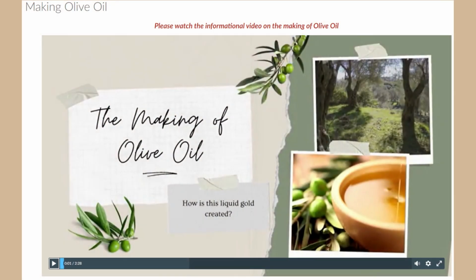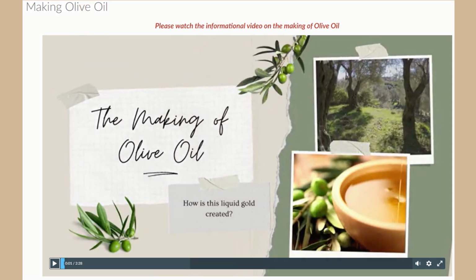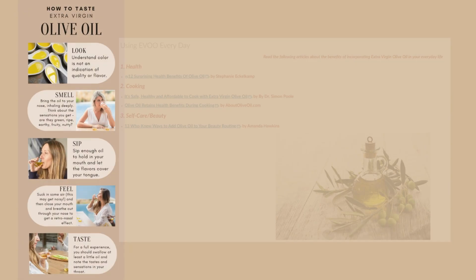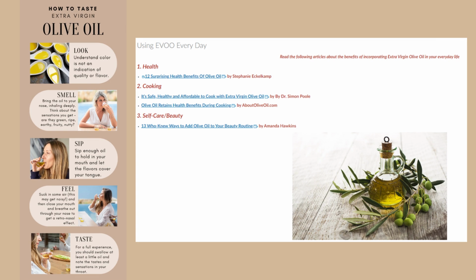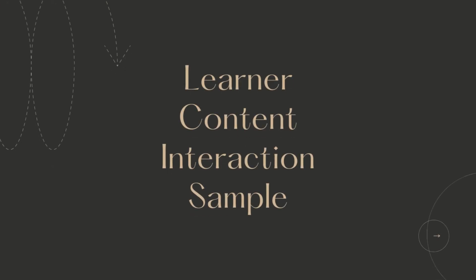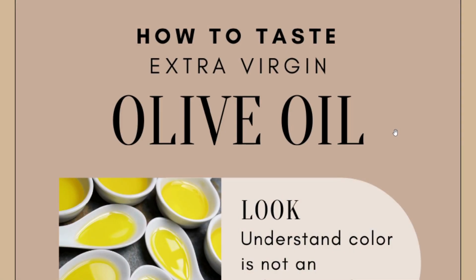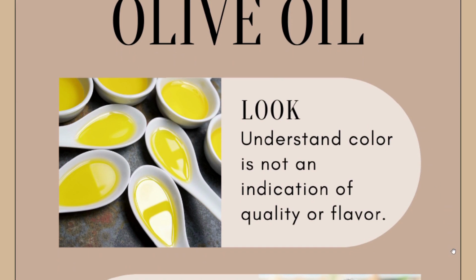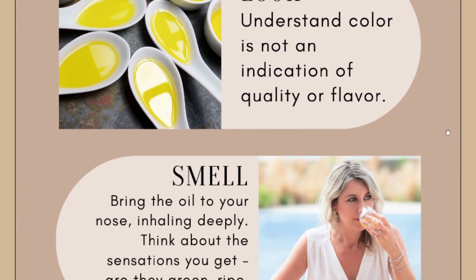And these are some examples of content materials that I created and included in the mini course. They comprise of videos, infographics, slideshows, and curated informational articles. So the first specific example we're going to look at is the learner content sample, and that is the how to taste extra virgin olive oil infographic that I created.